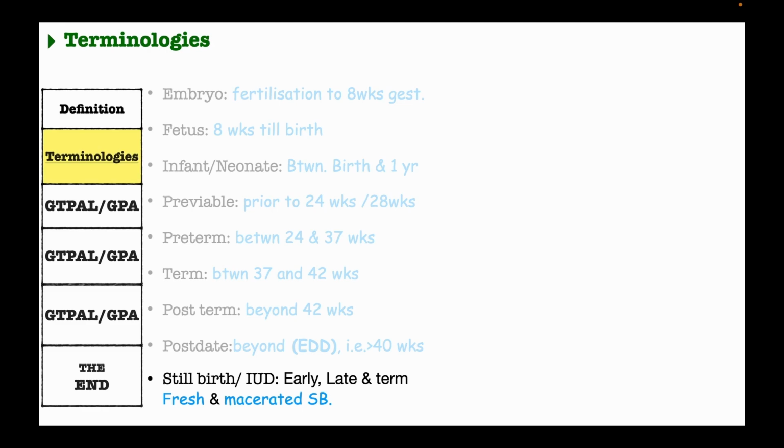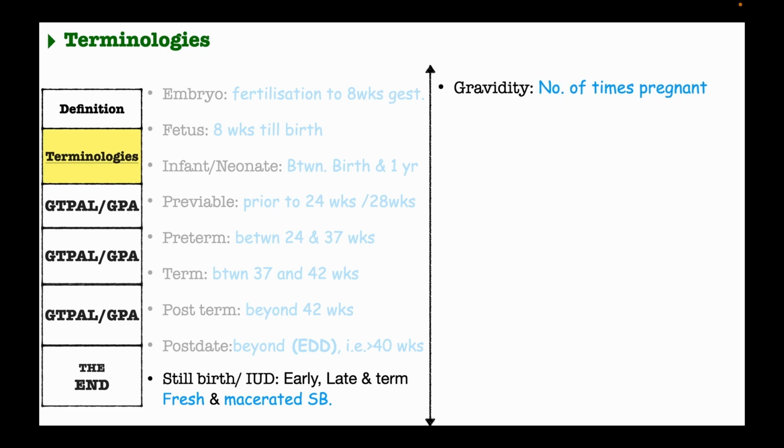sometimes gangrene setting in. Then also we have what we call gravidity, and gravidity refers to the number of times a woman has become pregnant, and this is regardless of the outcome of pregnancy. And we also have what we call the parity, and this also refers to the number of pregnancies that have gone beyond the period of viability, or if the baby born weighs more than 500 grams.